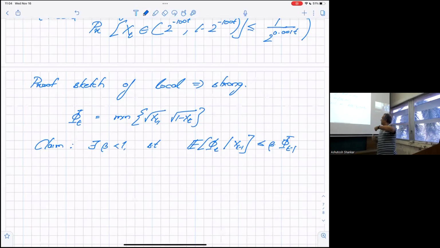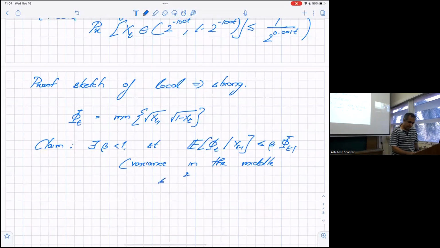It's not Euclidean distance; there's a square root sitting there. So this reduces by a factor of beta, and the proof uses both variance in the middle and fraction at the ends. Once again, I'll skip the proof of this.